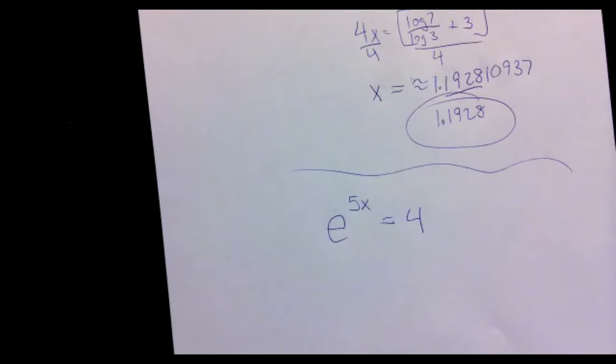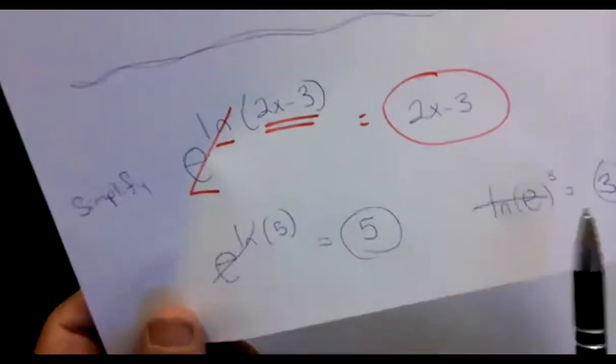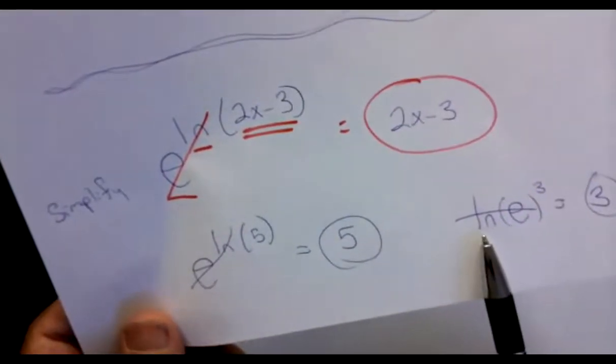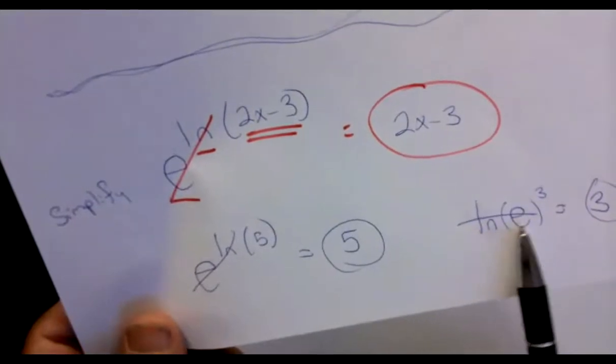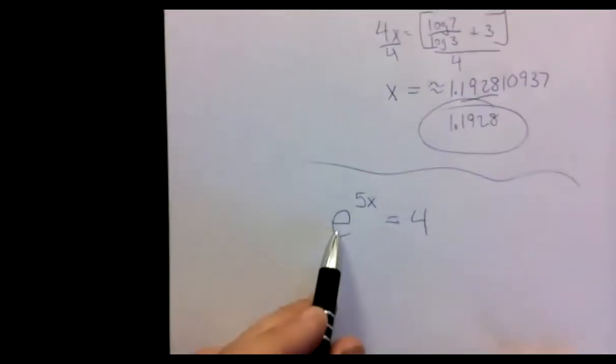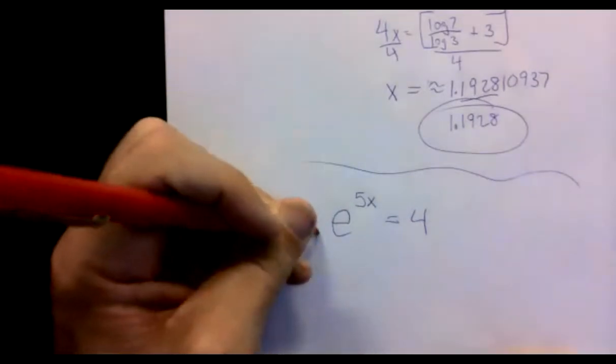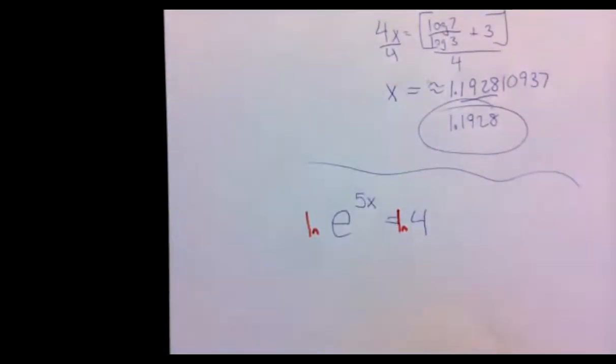If you remember from like 2 seconds ago in our notes, to get rid of e, we were able to use natural log. Natural log and e are inverses of each other. So if you need to get rid of e to solve for x, we can simply use the natural log.